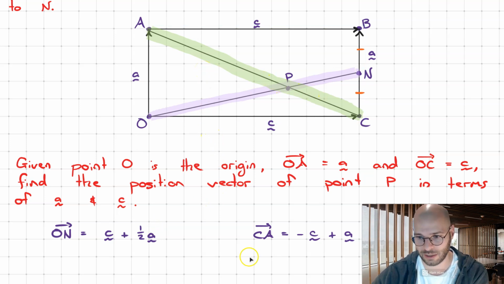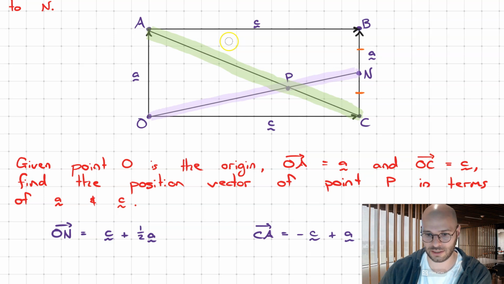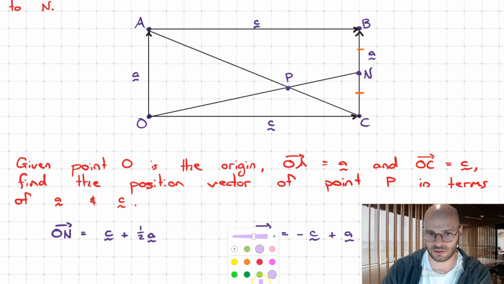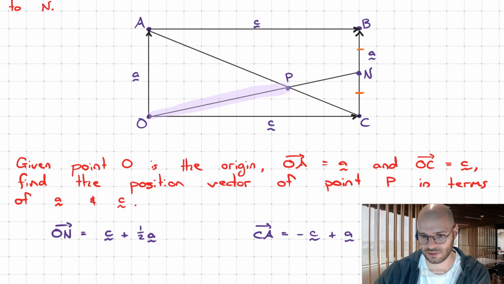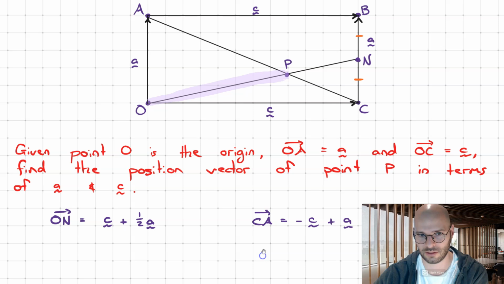Okay, next step, we want to start thinking about how we can stop at P. So removing these lines, the first one I want to do is think about traveling from O to N, but this time rather than going through P, I'm going to stop on P. Now this is where the idea of dilating vectors comes in.